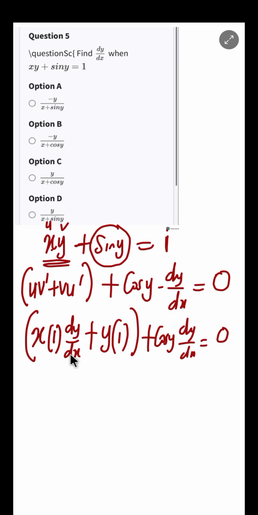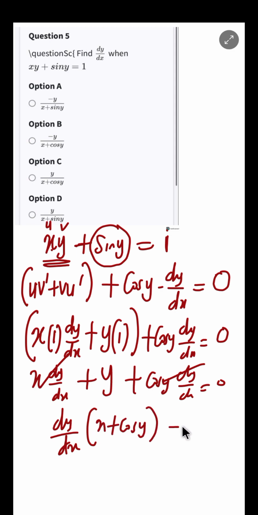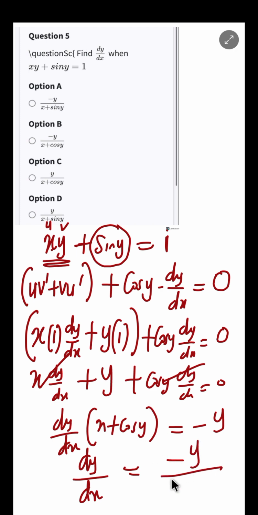I have x dy/dx plus y, then plus cos y dy/dx. So dy/dx is common to these two terms, and I have (x plus cos y) left, then equals to this. y goes to that side, I have minus y. So by the time you divide both sides by the coefficient of dy/dx, you end up having minus y over (x plus cos y). So that means option B is correct.